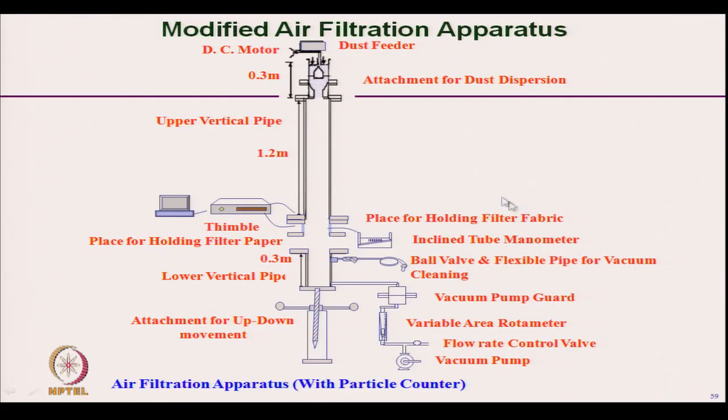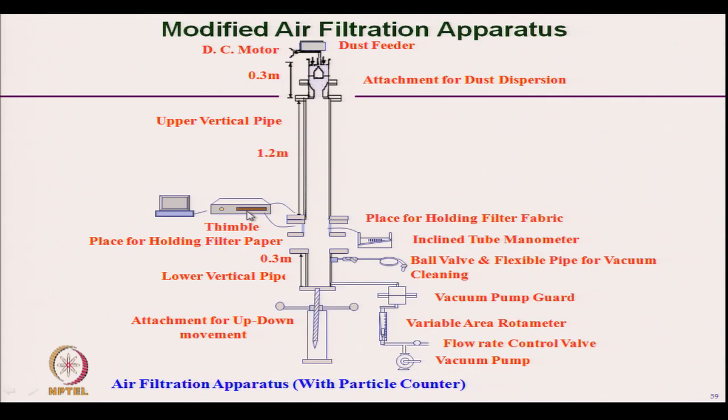Here this total system is connected and controlled by the software, and the data of the filtration efficiency and the dust feed data are captured. These are the particle counters.